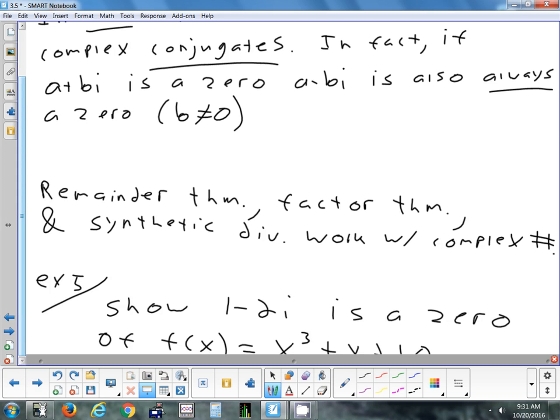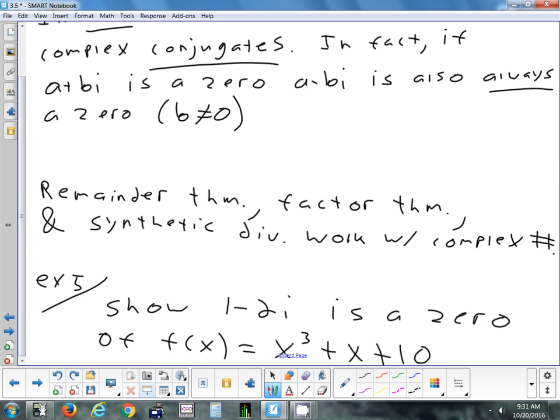But I wouldn't give you anything on the test above a cubic, so that automatically limits how many times you have to do synthetic division. If you had an exponent of 4 or 5 with an imaginary, that's going to take a while to do. But cubed isn't too bad. It's not as easy as a quadratic, but not as bad as it could be.